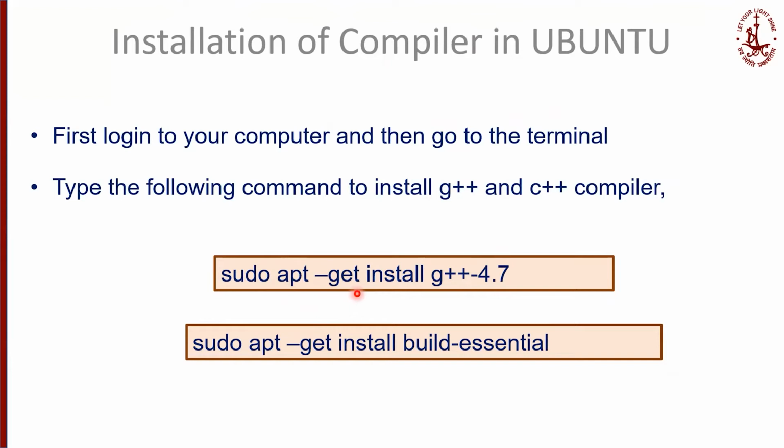This minus get is together. Install g++, space, there is no space, dash 4.7. This 4.7 is the version of the G++ compiler. If you do this, it will ask you for a password. That password is the same as your PC password. So you just have to enter that password and then it will automatically get installed.